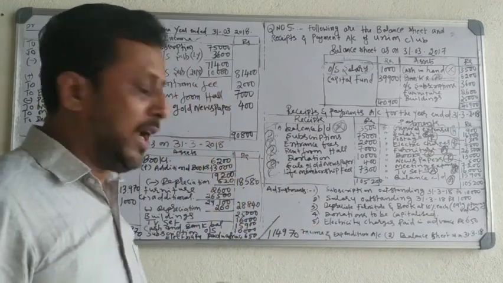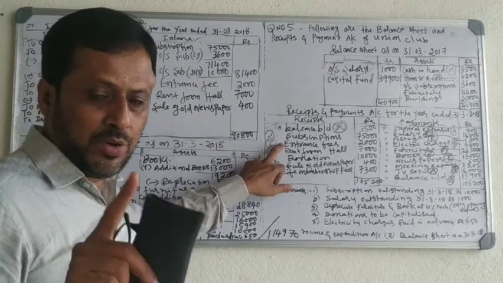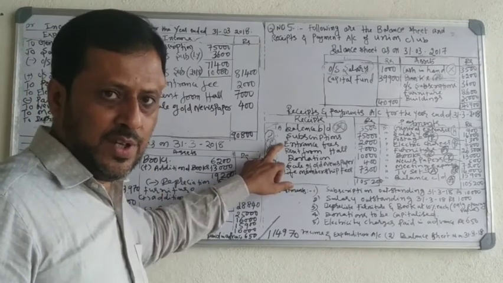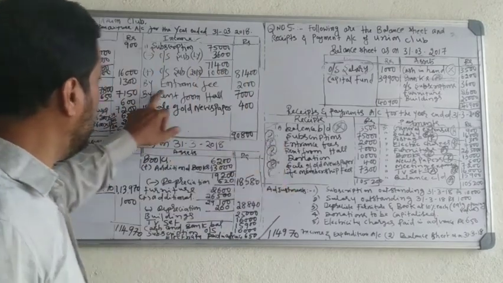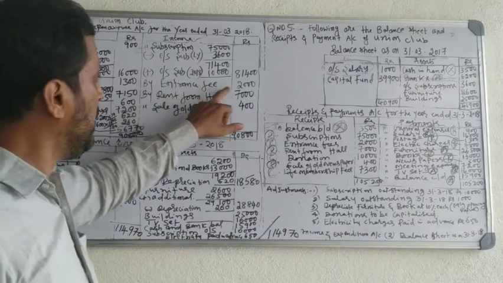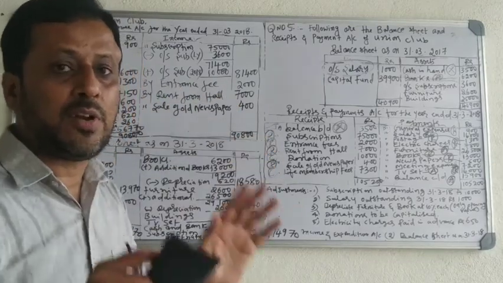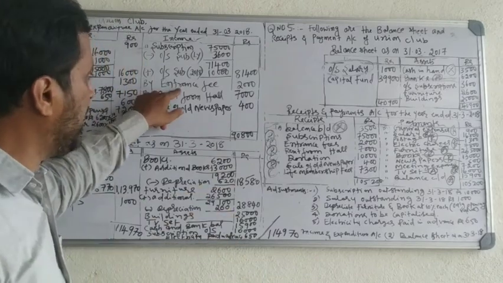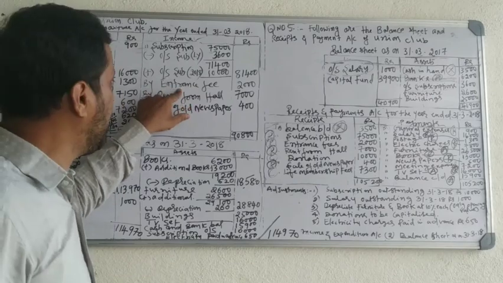We have treated entrance fee as revenue receipt, and we have shown that entrance fee in the income and expenditure account, income side. Okay, keep in mind, in this problem entrance fee is revenue receipt and shown on the income side of income and expenditure account. This is the clarification I want to clear.